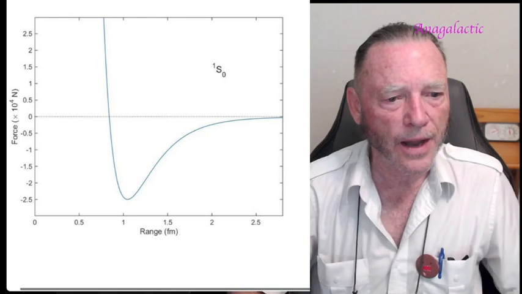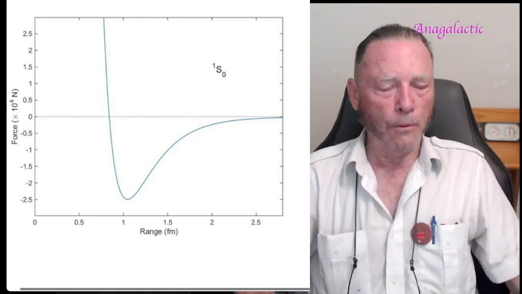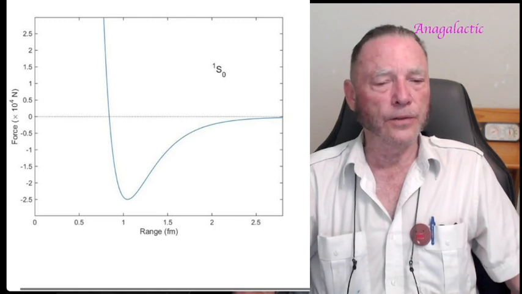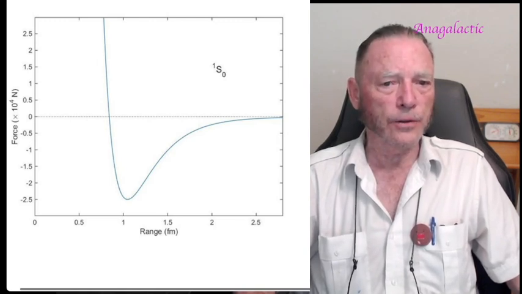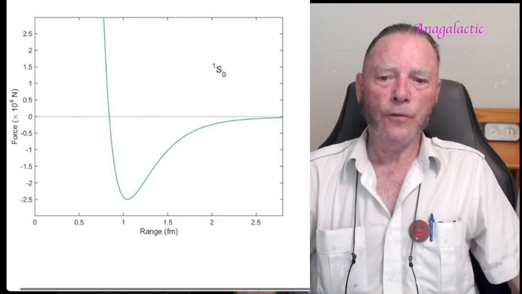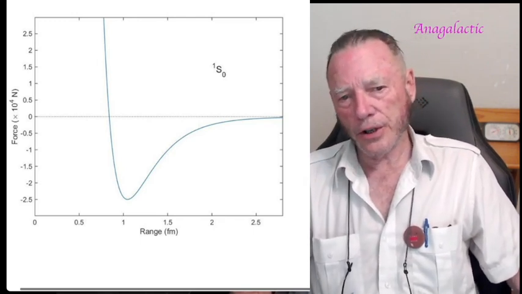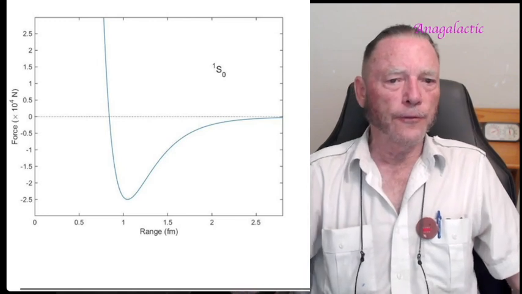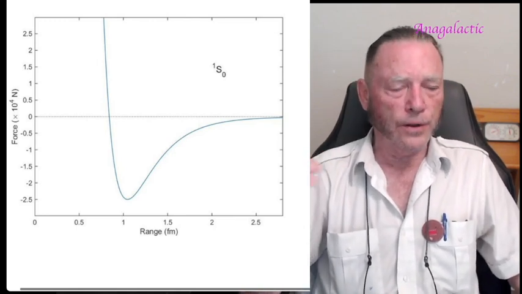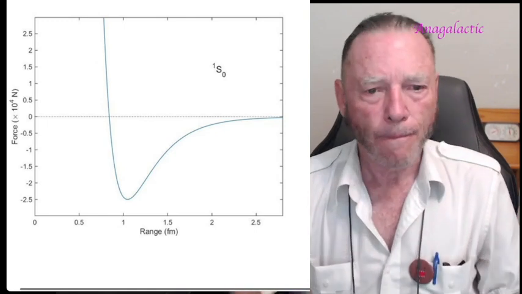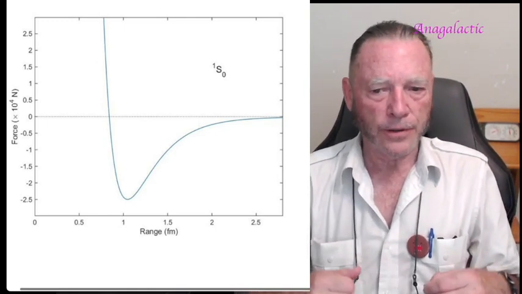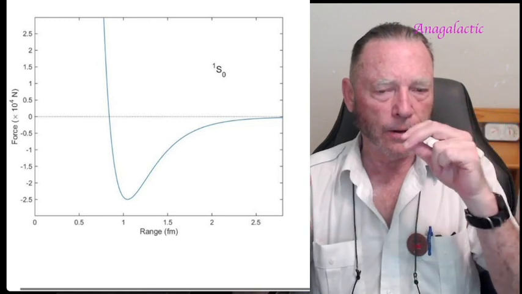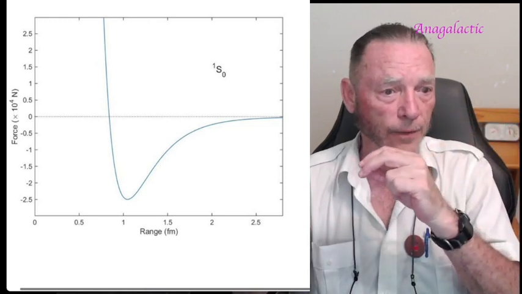Now it reaches a nadir, a low point, at about 1 femtometer, and then something occurs that's rather dramatic. The force shifts through the horizontal spatial separation as the particle approaching the proton to the right, which is at the 0 mark.